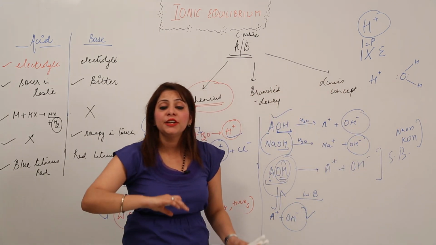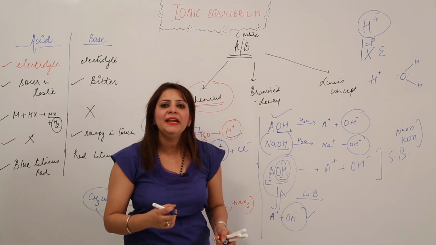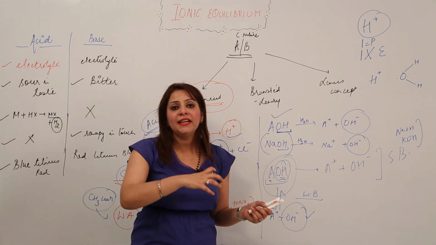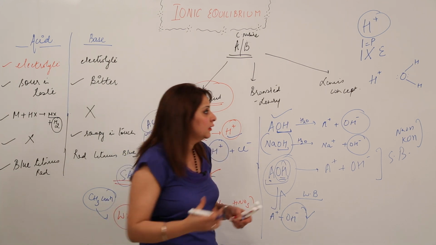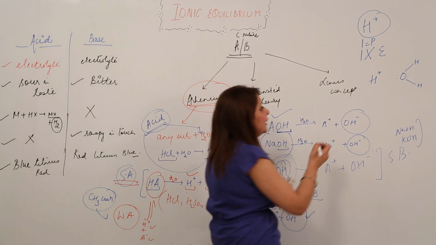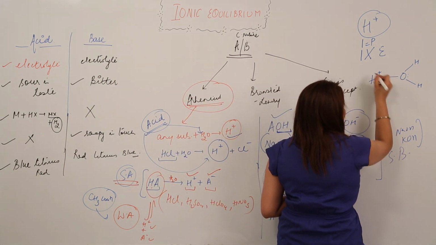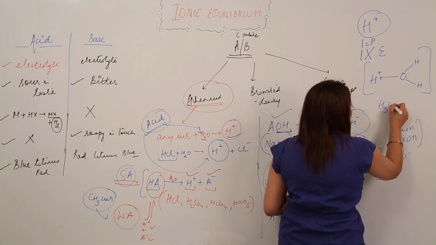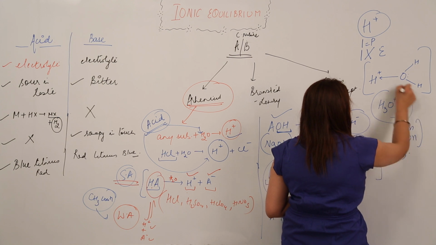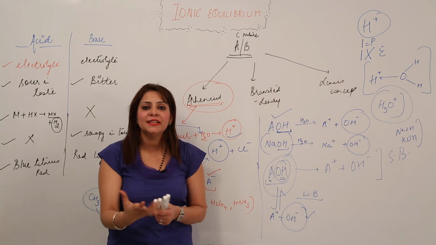This positive charge is so intense that it gets attracted towards the lone pair of electrons of the water molecule, and gets bonded to it by this bond. That is why, instead of hydrogen ion, we find the hydronium ion in the water when any substance releases a hydrogen ion.